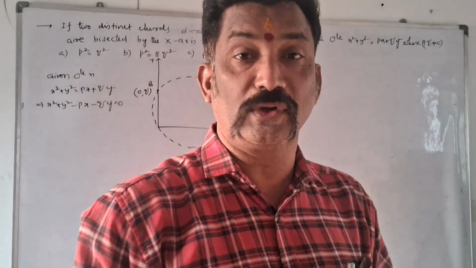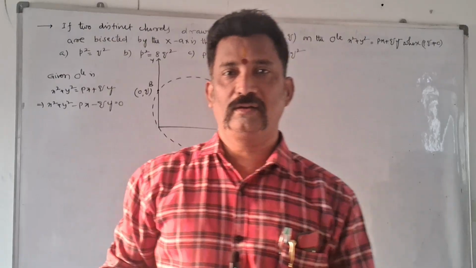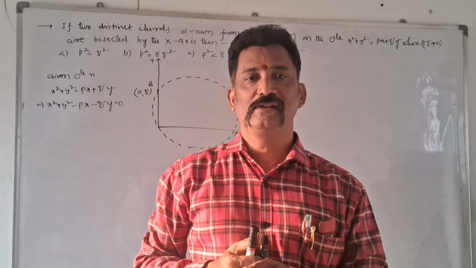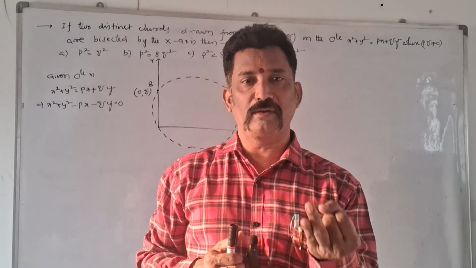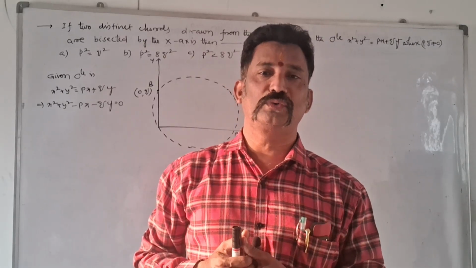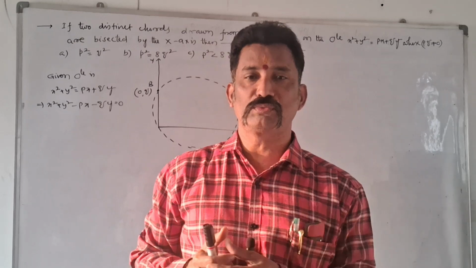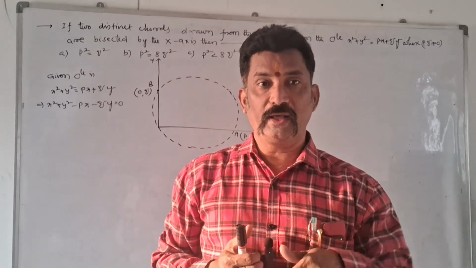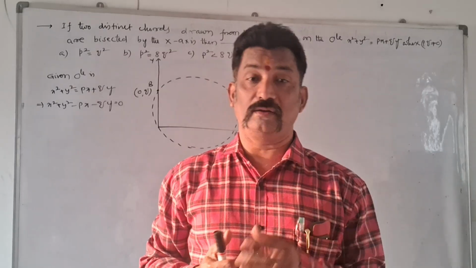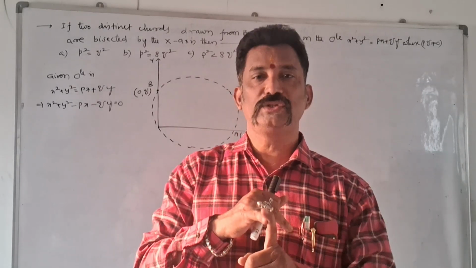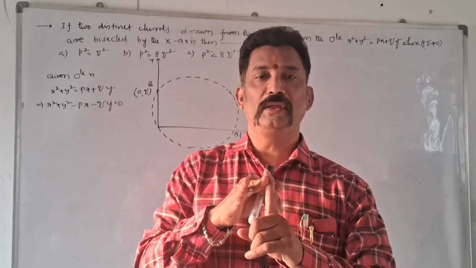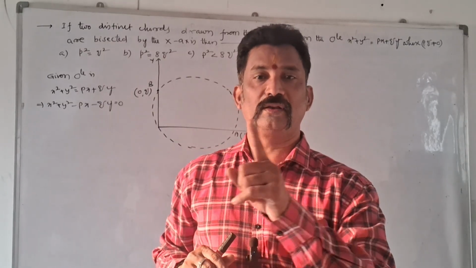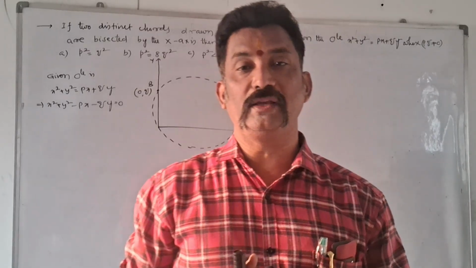We have the formula: the equation of the circle having intercepts a and b is x square plus y square minus ax minus by equal to 0.